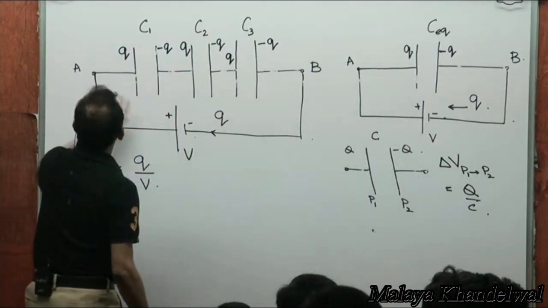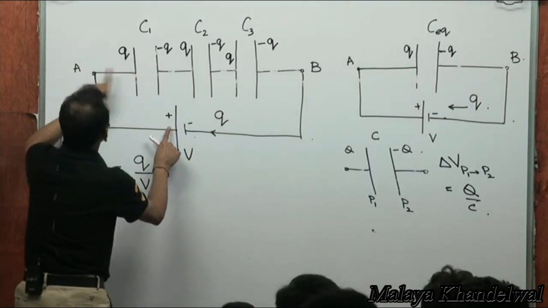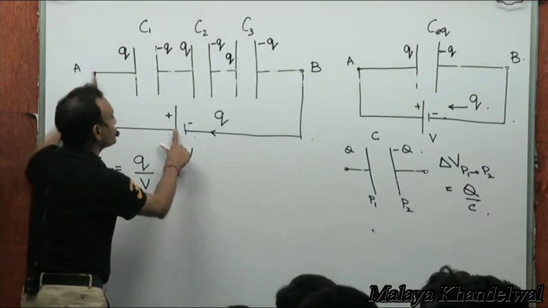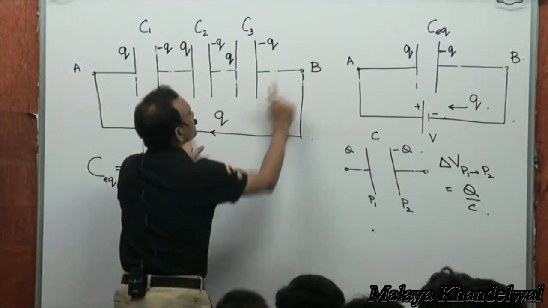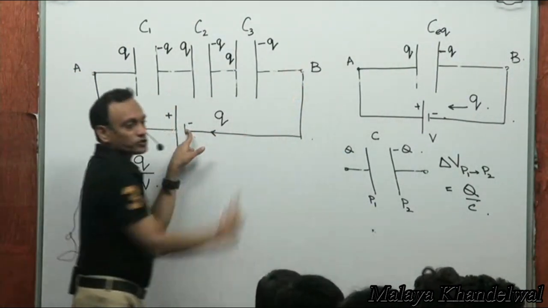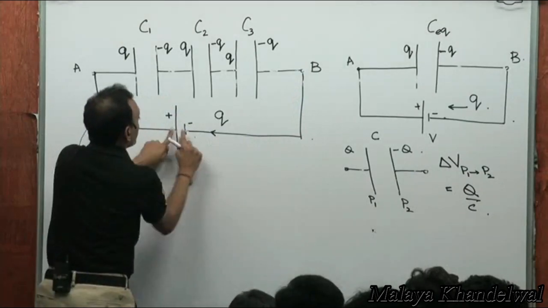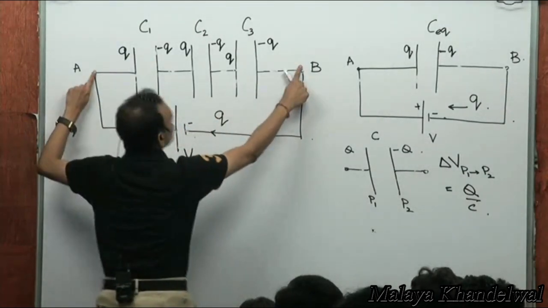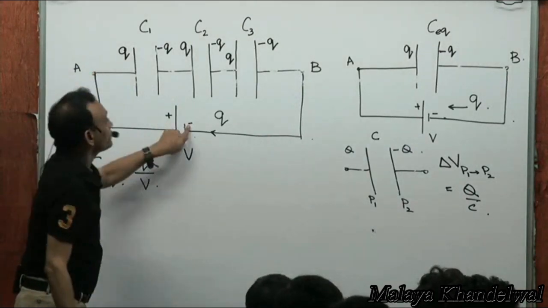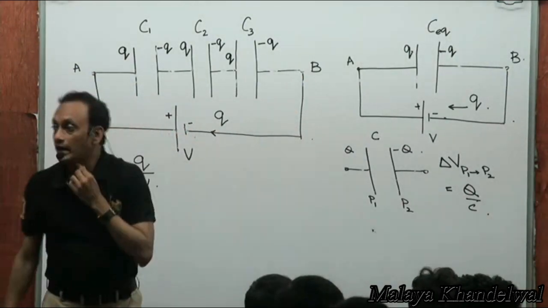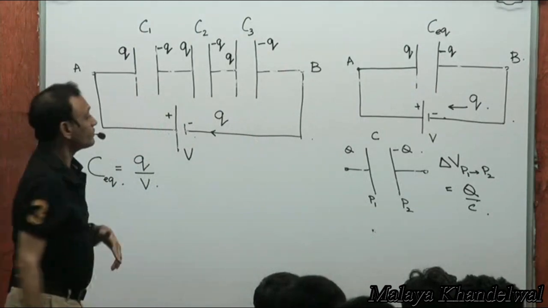Because this plate is connected to this terminal of the battery, and therefore these two are electrically identical. This plate is connected to this point, and therefore they are electrically identical. So the drop here is the same as the drop from A to B, because this and A are electrically identical, this and B are electrically identical, right?